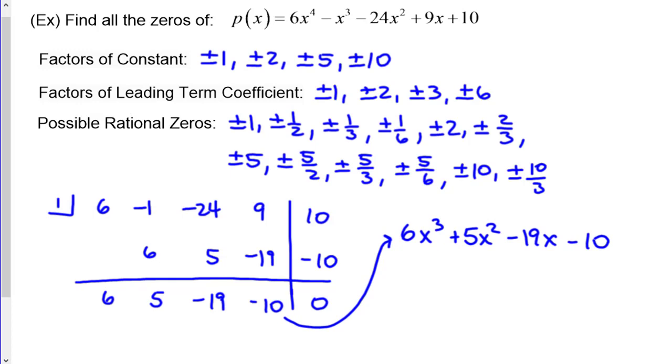And at this point, the leading coefficient is 6, the constant term is 10, still the same list of possible rational zeros. So I can just continue on with the same list, but with my new polynomial, which is going to be slightly less work, maybe not a lot less work.